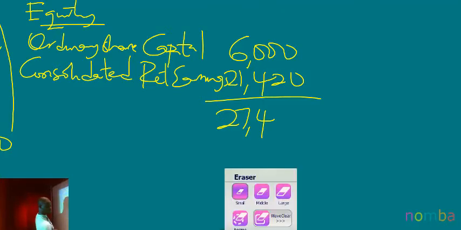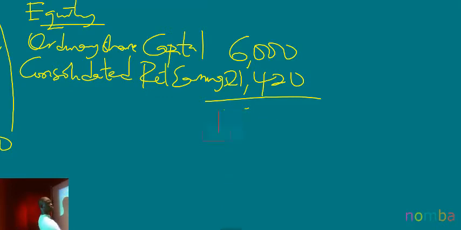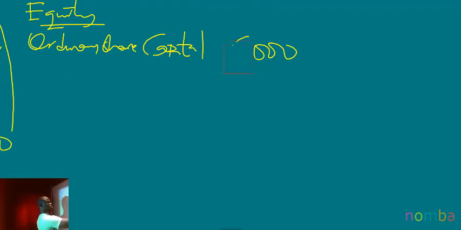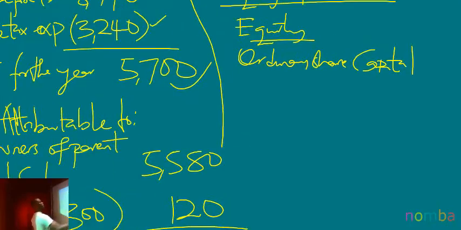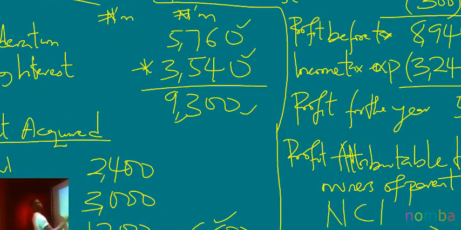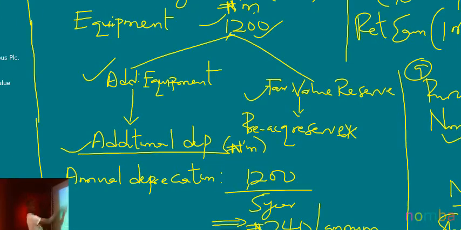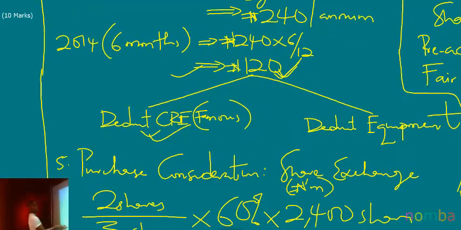But we have omitted some items. So I think I have to just clean this. Let me use the medium cleaner. We have omitted some items because the parent company, in addition to this 6,000 that he had, issued ordinary shares to the subsidiary. Let's go to the purchase consideration.